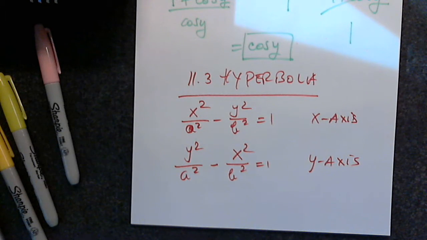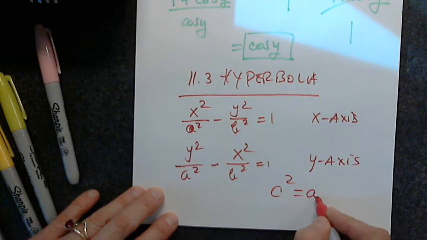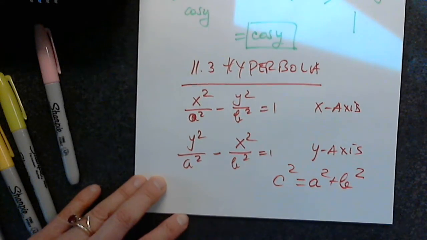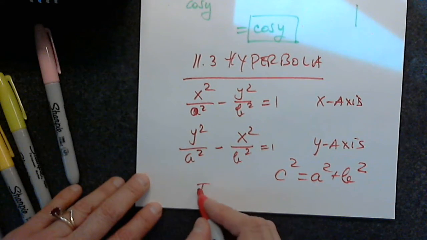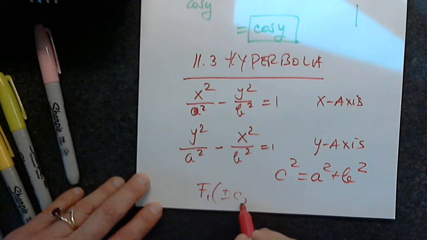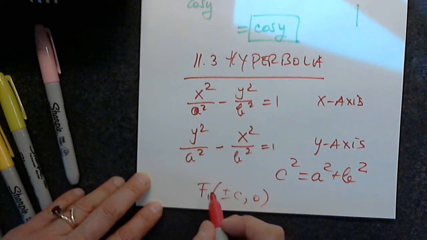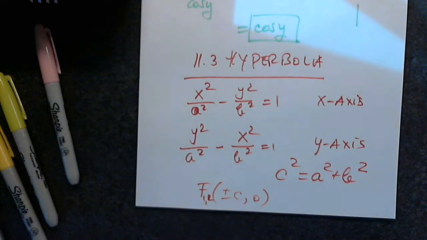And this time, c squared is a squared plus b squared. So f1 and f2 are plus or minus c comma 0. And c is calculated differently. Very similar to the ellipse.